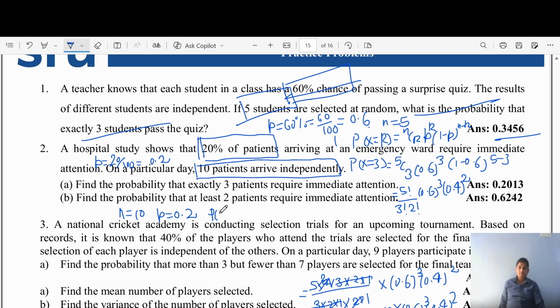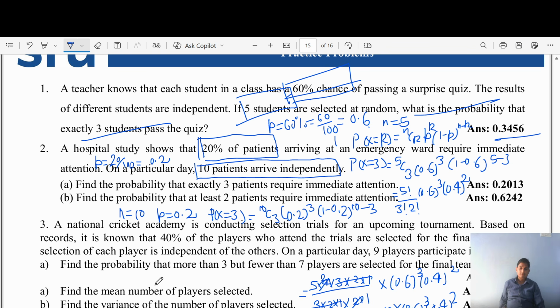So P(x equal to 3) means we apply the formula nCk, n is 10, k is 3, p is 0.2 to the power k, that is 3, (1 minus 0.2) to the power n minus k, which is 10 minus 3.